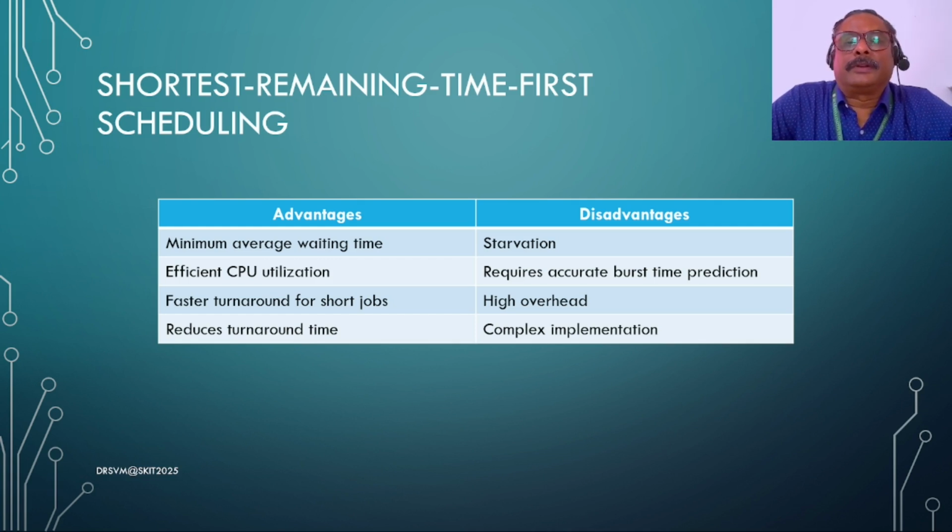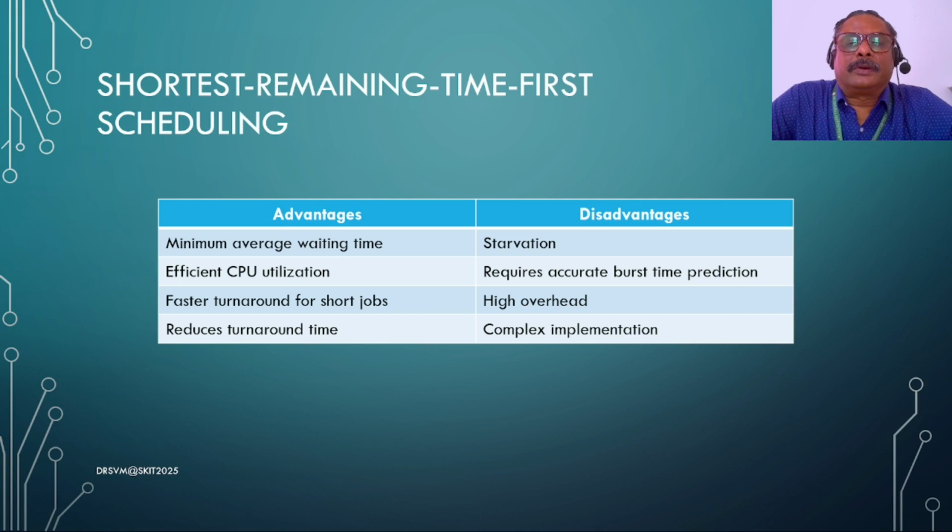implement this type of algorithm, and we do have a very high overhead, because the ready list has to be updated every now and then, and every time a new process comes in picture, the whole list has to be sorted so that the shortest comes first.